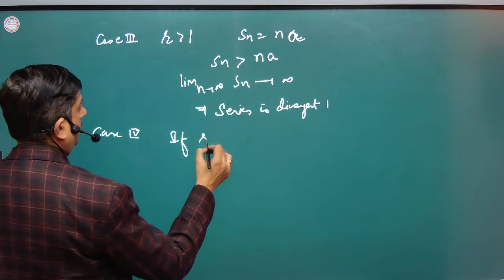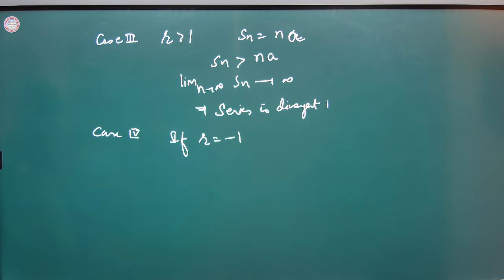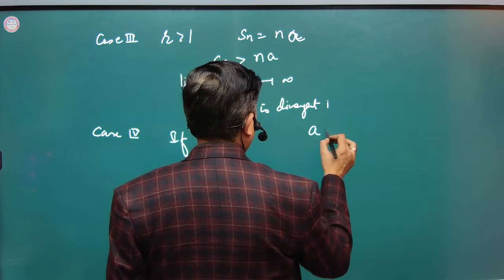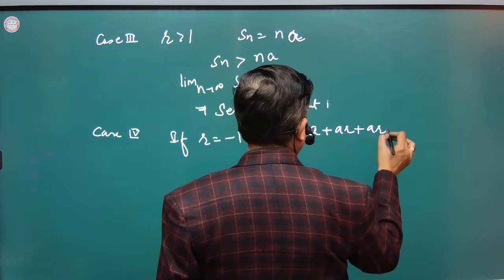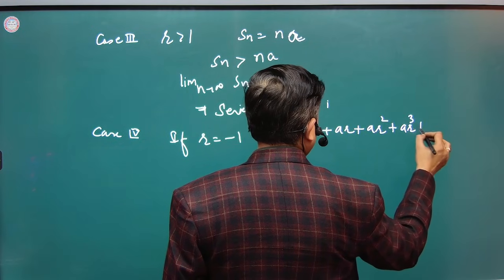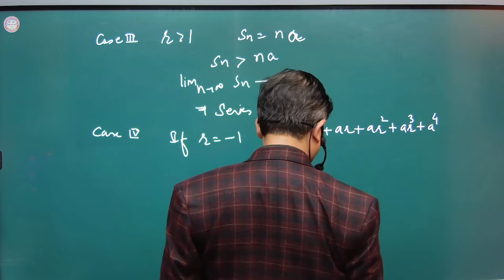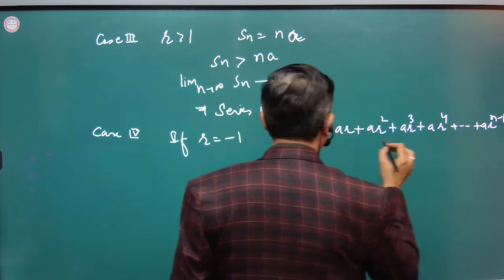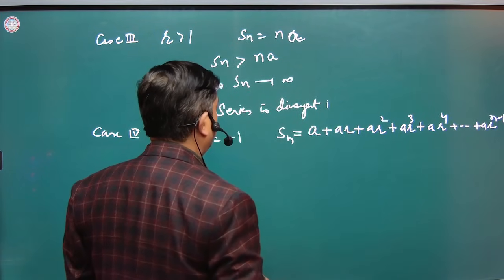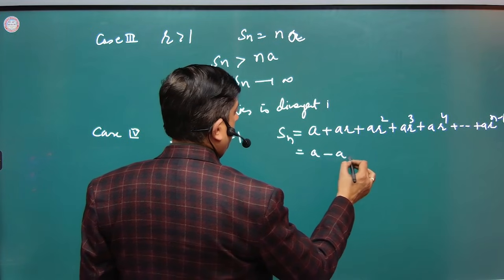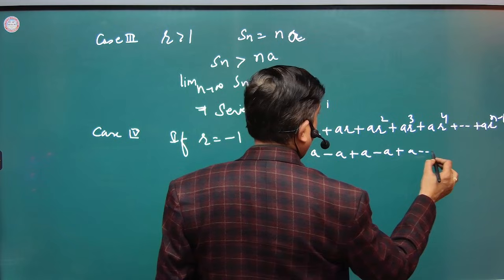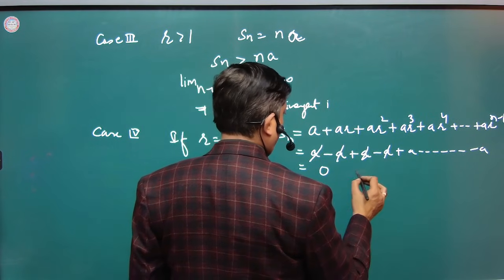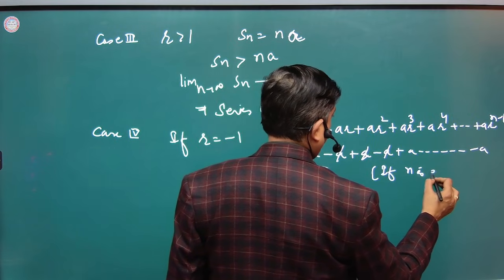So if r equals minus 1, take again my geometric series: a plus ar plus ar square plus ar cube plus ar to the power 4 plus so on, ar to the power n minus 1, and its sum Sn. With r equals minus 1, this value is a minus a plus a minus a plus a up to minus a, and this value is 0, because all the a cancel out, if n is even.